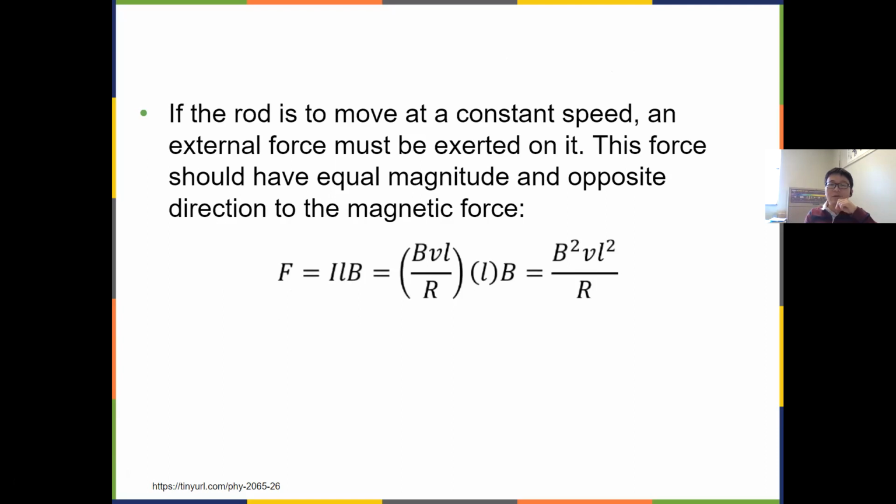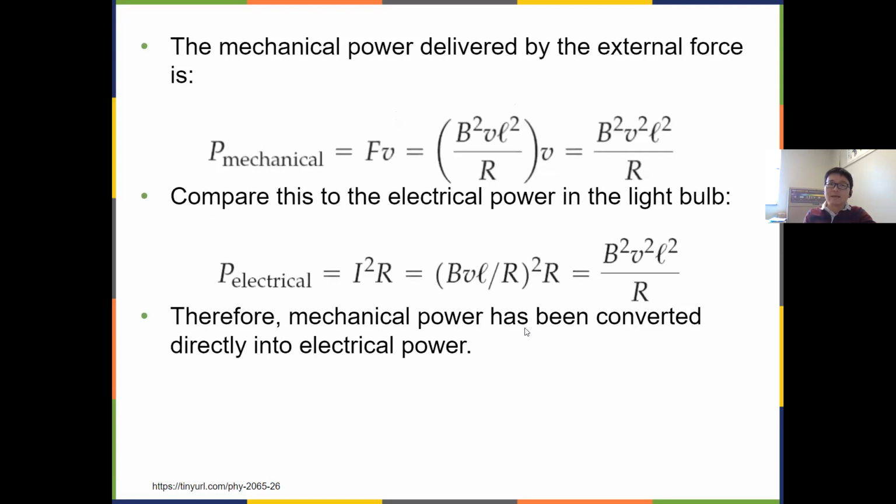And the magnetic force on the rod will be equal to I times L times B. The current I will be equal to the induced EMF divided by the resistance, times L times B. So that becomes B squared V L squared over R, and that's the force. This force will be equal to the pulling force.